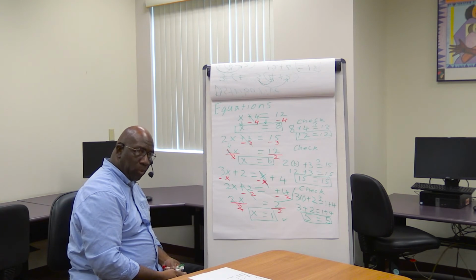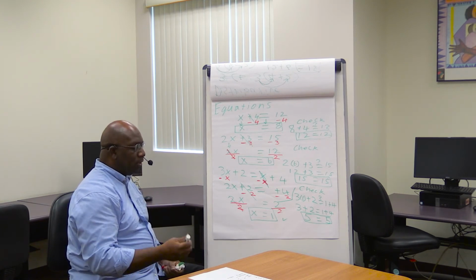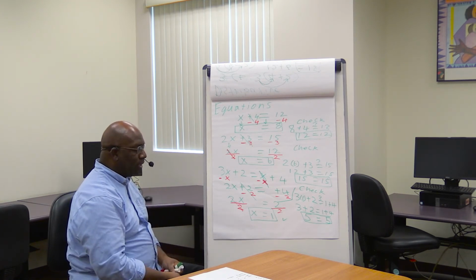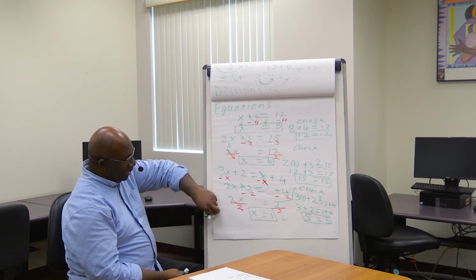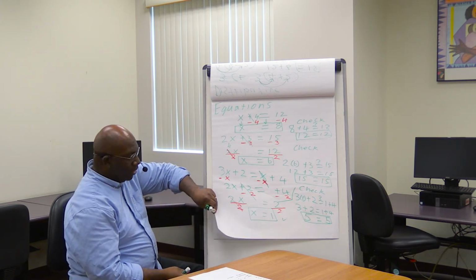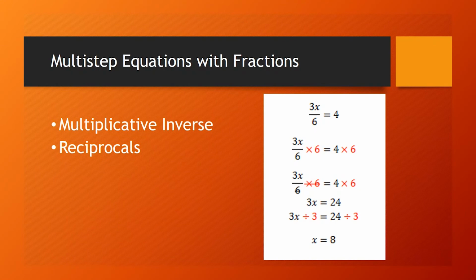This is fairly short. I want to move on to a next equation, and this is where it gets a little bit more involved. When we have a fraction involved in an equation, that equation gets a little bit more involved than before.